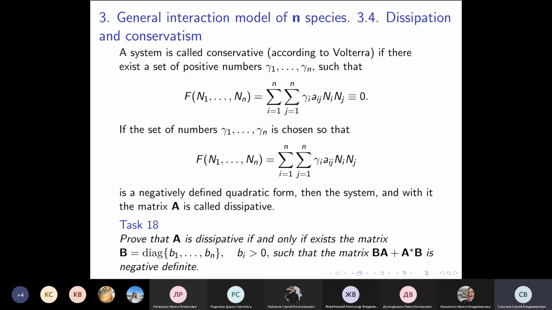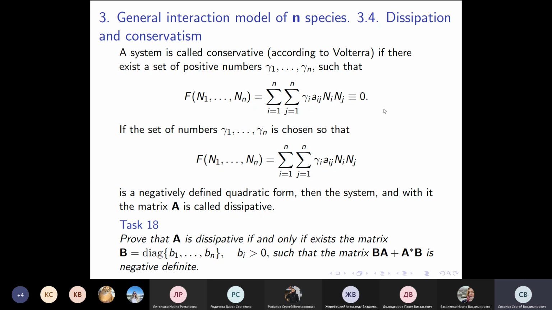Another simple model: we considered the Lotka-Volterra equation. We have seen that all the biomass of our victims was transited to our predators.